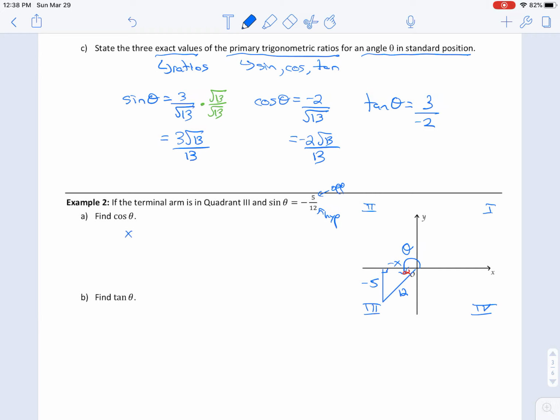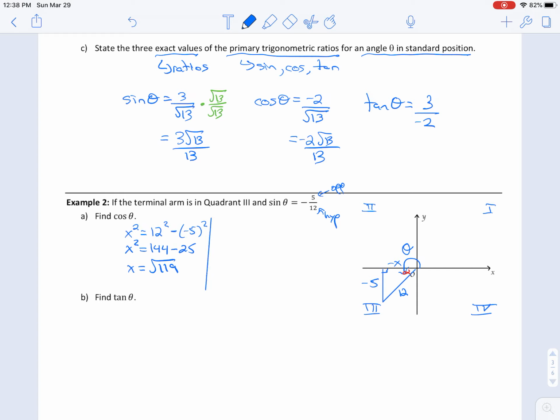Similar to what we did before with Pythagorean theorem, only this time I'm going to solve for a side length that's not the hypotenuse. So x squared is going to be the hypotenuse squared minus the other side squared. So I get 144 minus 25. So again, we can work that out. So we get x equals root 119. And so that gives us that side length.